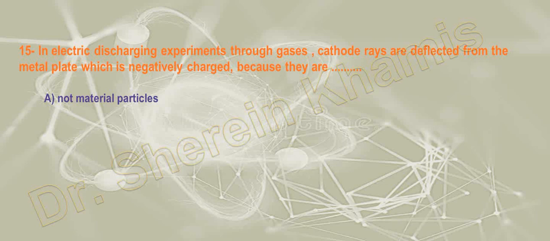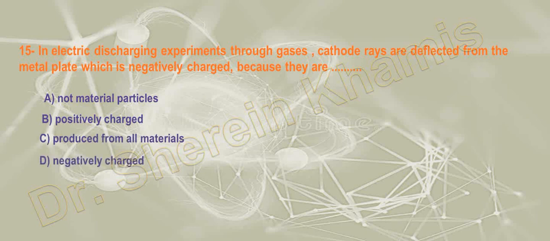The first, not material particles; the second, positively charged, produced from materials; and the last, negatively charged. If they make a deviation, they have the same charge as the plate. Cathode rays are negatively charged, similar to the metal plate, so they are deviated from it.